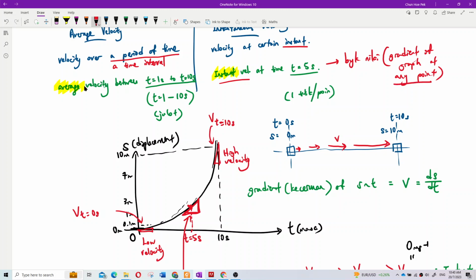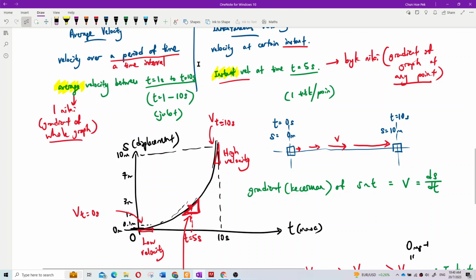At any point, at any time. But average velocity only satu nilai saja. Sebab dia ambil purata, nilai purata di antara masa ini. So this it looks at gradient of whole graph of that time interval. Maksudnya macam mana? Satu nilai.